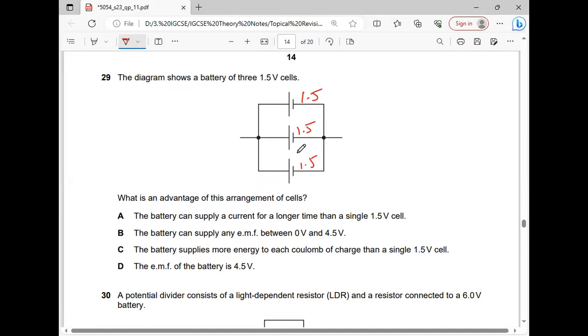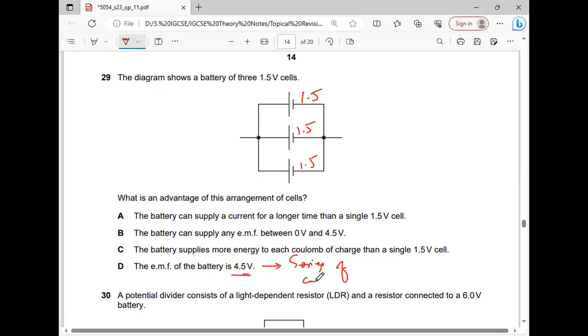The battery is long lasting. Number two, if any cell does not work, the battery still works. So the EMF of the battery is 4.5? No, that happens in series combinations.